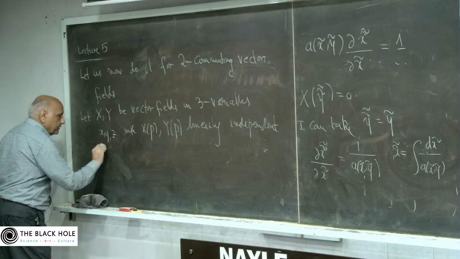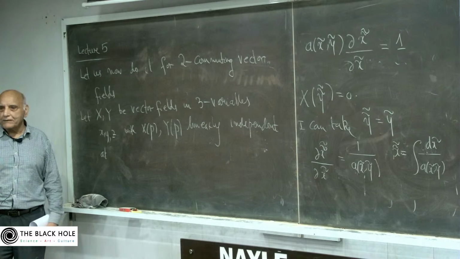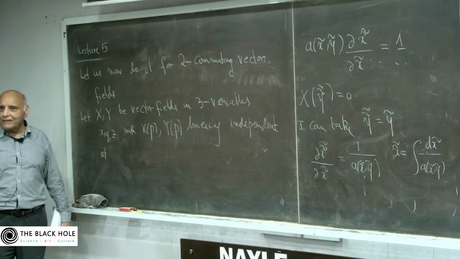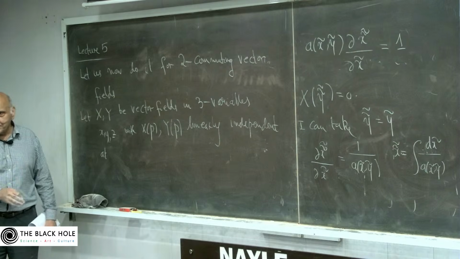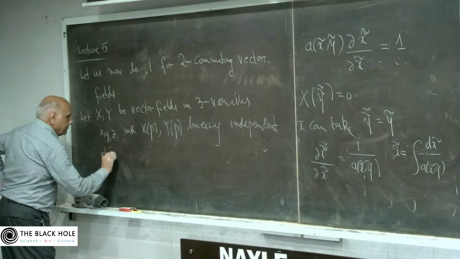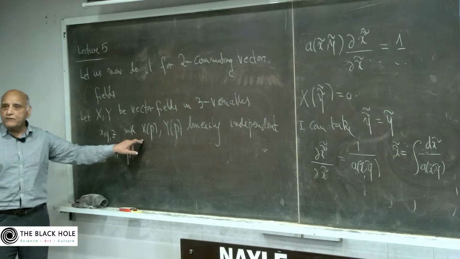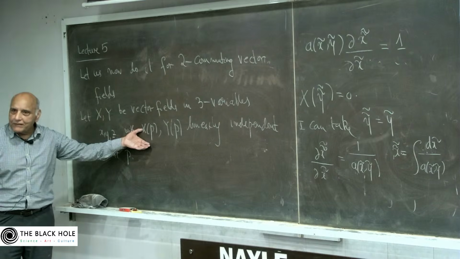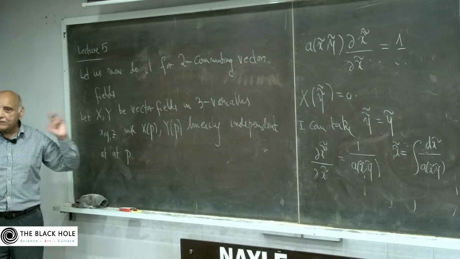Linearly independent at P. Do you see now why I spent so much time in the first lecture on linear independence? You cannot do anything without understanding linear algebra and advanced calculus. These are the pillars. So if they are linearly independent at P, can X_p be 0? When you have a 0 vector field, this is always linearly dependent. So X_p is not equal to 0.